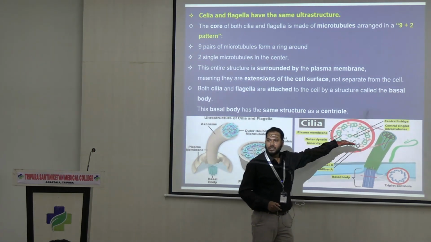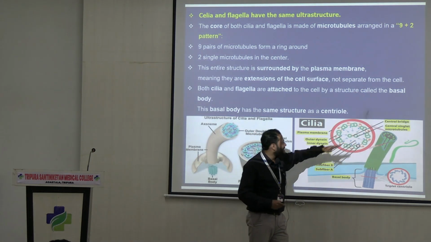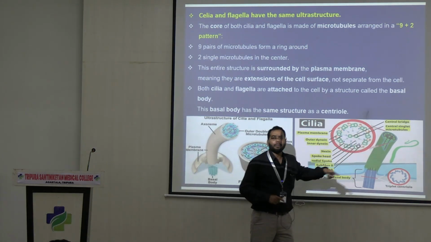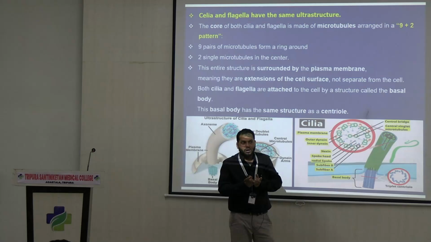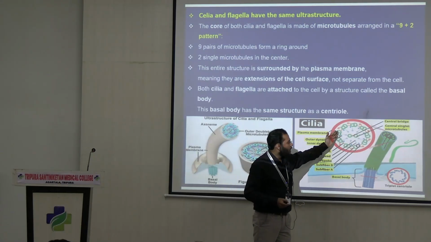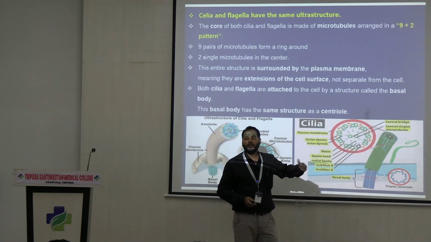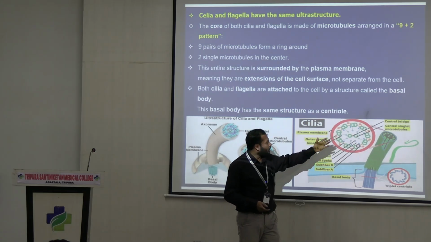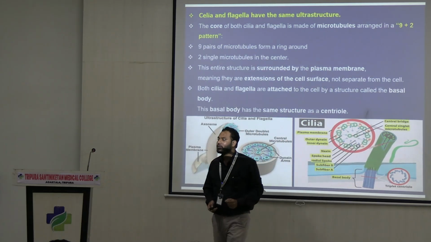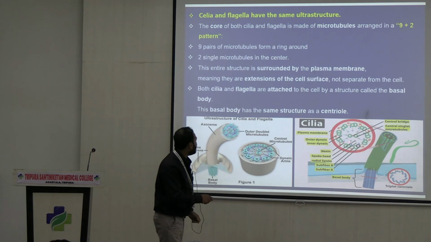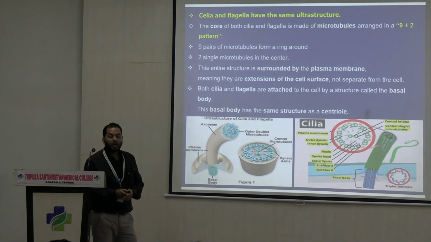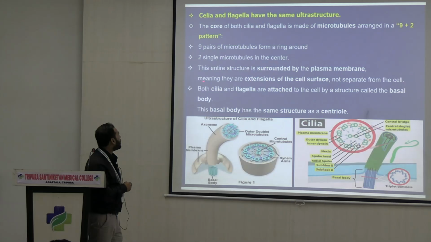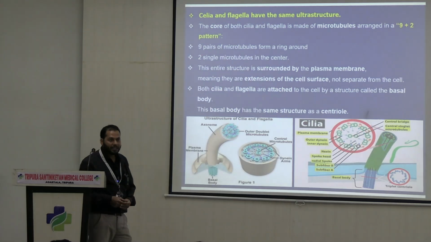Around the outside of the doublet microtubules there is the cell cytoplasm. It means these doublet microtubules are present in the periphery, connected with the cell cytoplasm. At the center of these ciliary structures, there is a pair of microtubules. So the arrangement of the microtubules in the cilia is called the 9+2 arrangement.